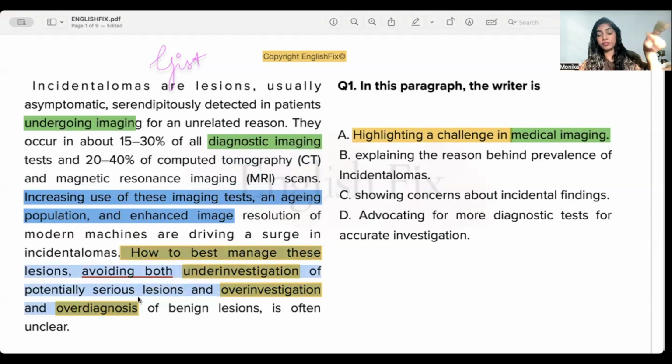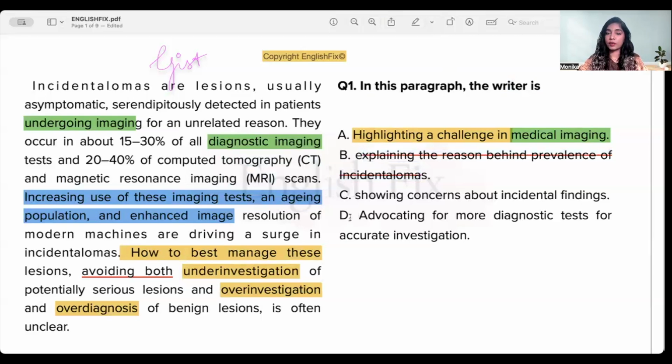Now, if this is the reason, this is why we are diagnosing it. But then we have a problem in this. So I feel like it's acting as background information. If they had not given me this information, then I would not be able to choose answer option A and answer option B also. Think about it. That's why answer option B is going to be background information rather than a right answer.